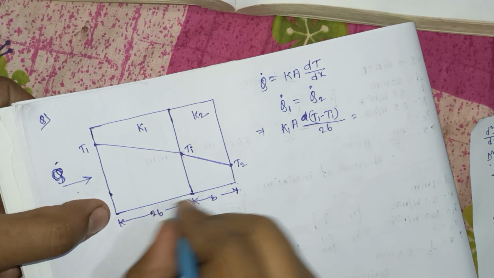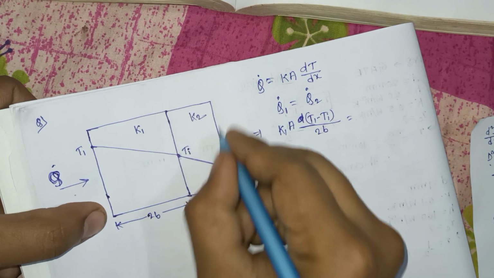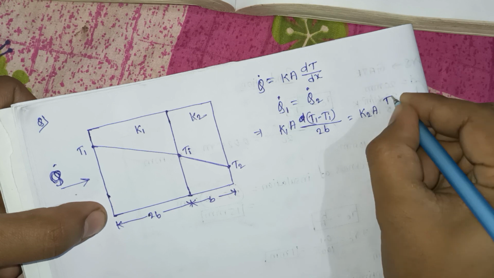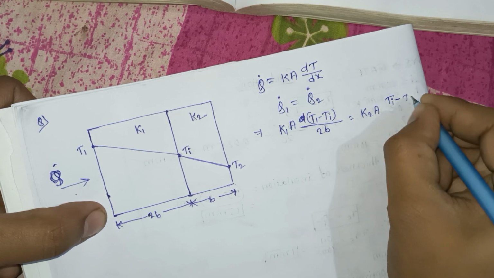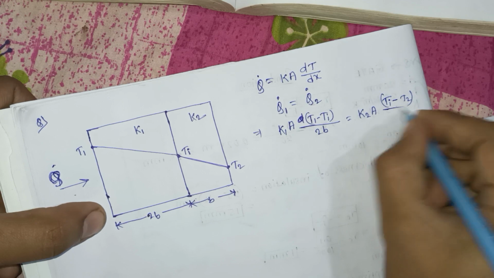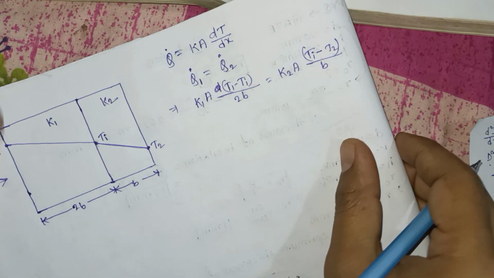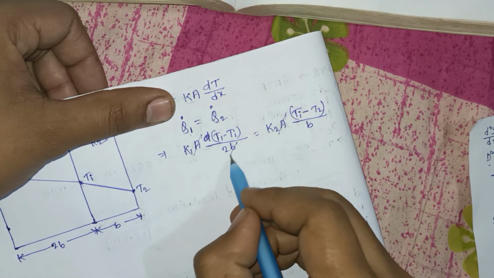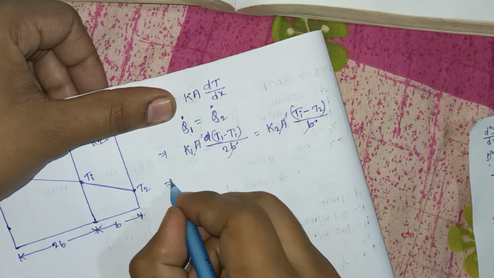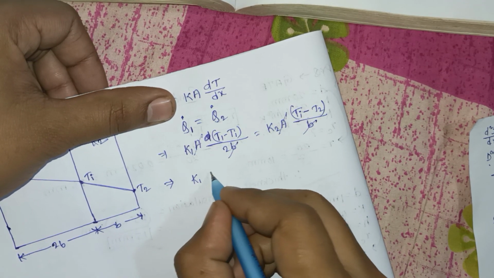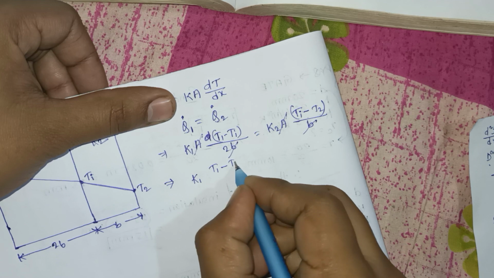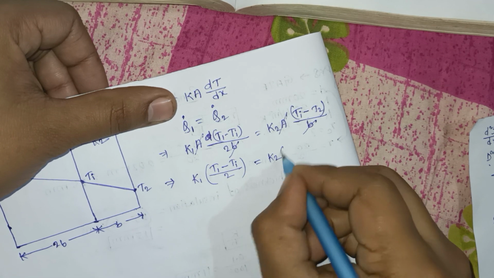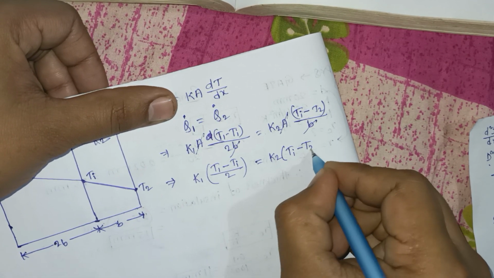And for plate 2, Q2 is equal to K2 into A into Ti minus T2 by b. Okay, understand it? Now this A cancels out, and this b and this b cancel out. Now K1 into T1 minus Ti by 2 is equal to K2 into Ti minus T2.